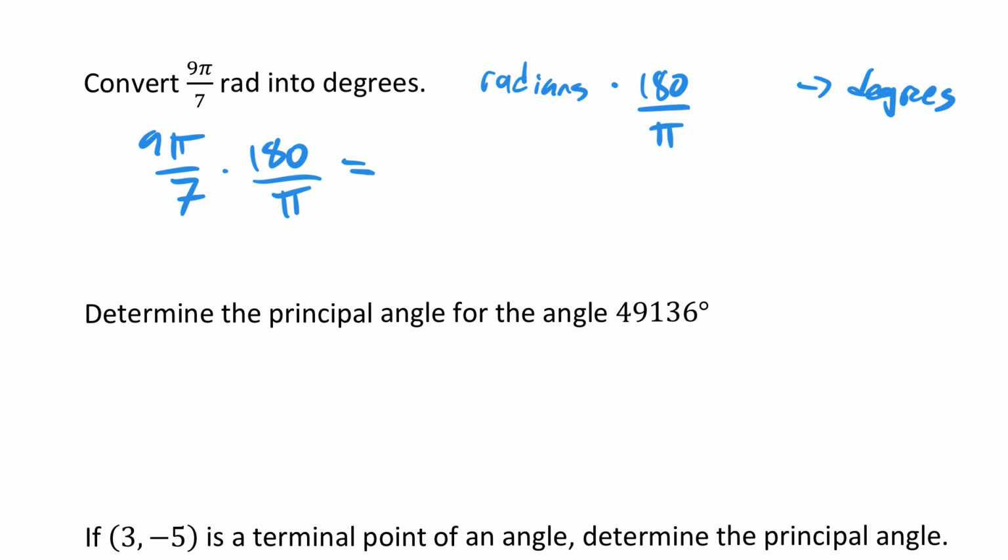If you're noticing, the pi should cancel. And so you're actually going to get a nice fraction. You're going to have 1620 over 7. But it's nice to put it as a decimal because it's a calculator style question. So we do want to write it as 231.429. And make sure you put that little degree symbol.